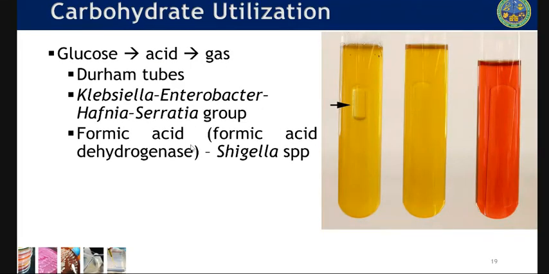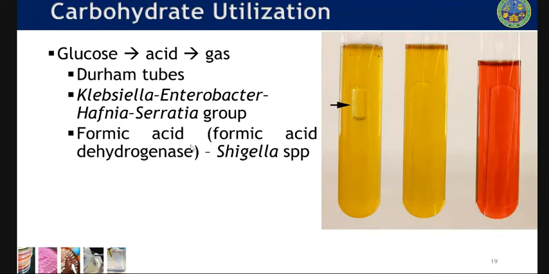So other than that, after microscopy, then oxidase testing, if you have a gram-negative bacilli, oxidase negative, then you may proceed to further biochemical testing. And the first one that you incorporate in your panel of testing is carbohydrate utilization.